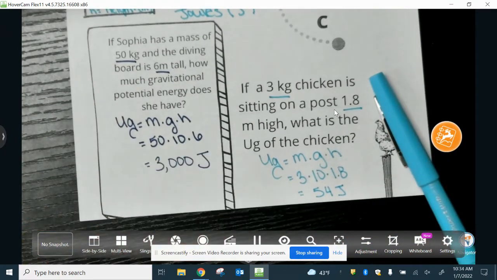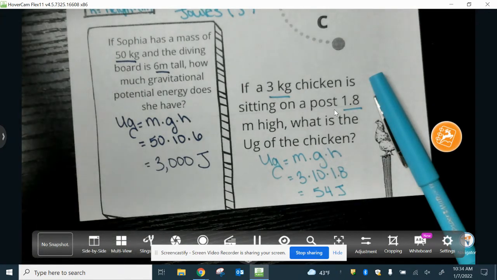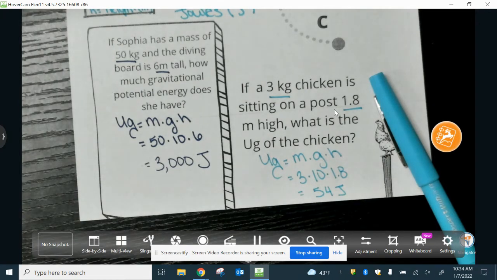Don't forget your units. Questions, concerns, or issues? Okay, cool. Underneath your warm-up today, you have 4 example problems. I want you to go ahead and do those for me, and then we'll go over them.